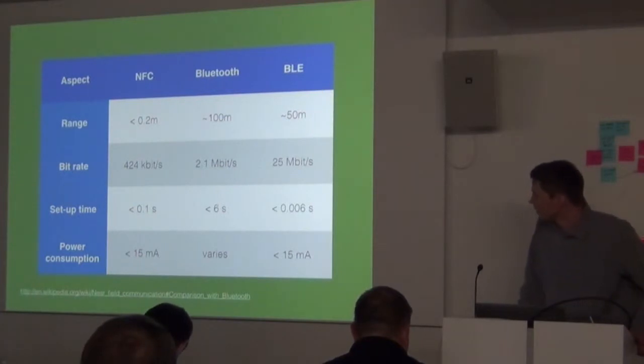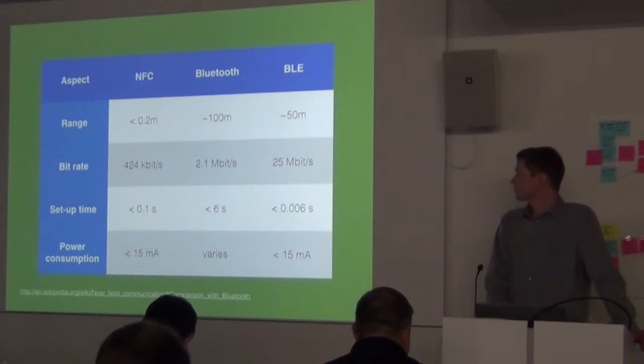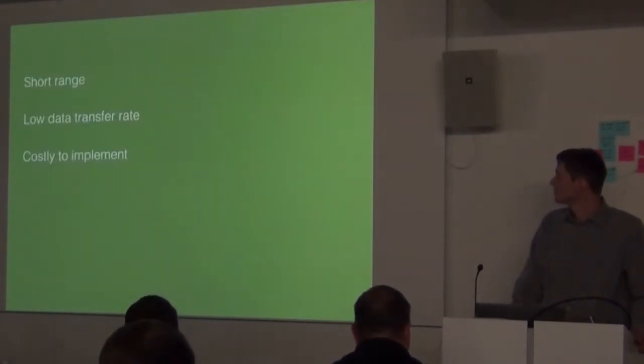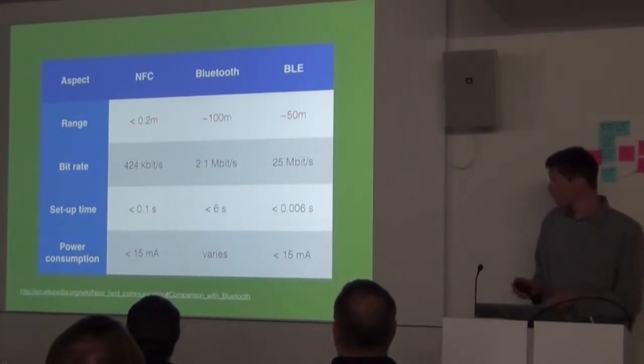So here's a comparison between NFC and Bluetooth. As you see, the range is much lower, speeds are much slower, setup time is fine. I'm going to show you an example of how close it actually has to be.